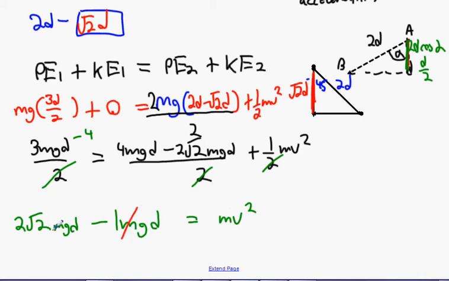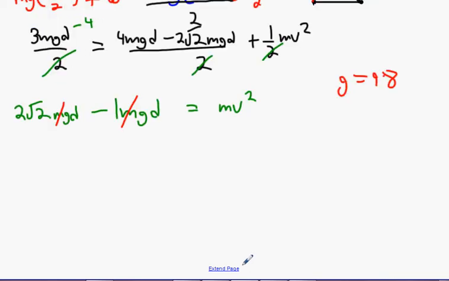The m's can disappear. I can set g equals 9.8. Okay, and what I can do next is I can just plug in 9.8 for g. Is that alright? So I'm going to plug in 9.8 for g, and the m will disappear here. So I'm going to get v squared equals 2 root 2 multiplied by 9.8 multiplied by d minus 9.8 d.